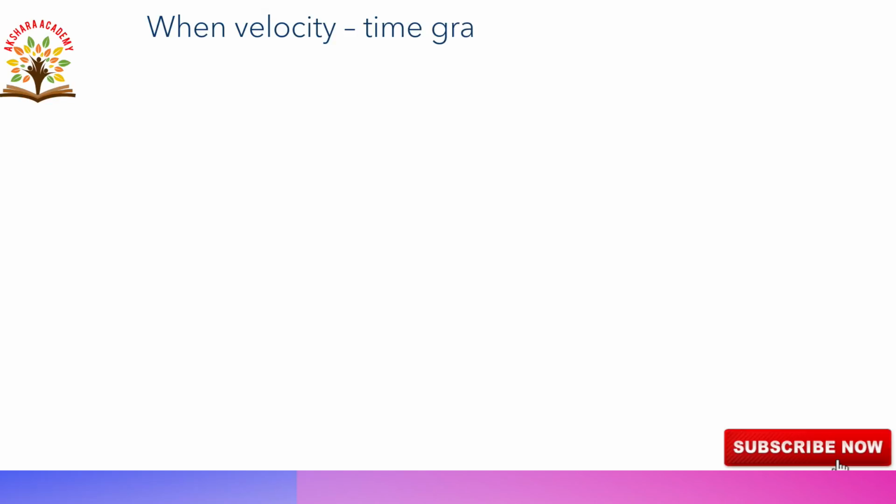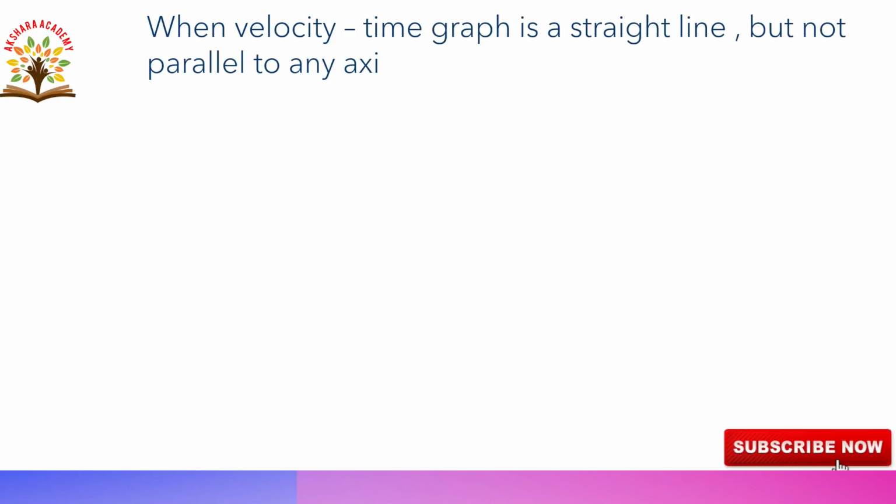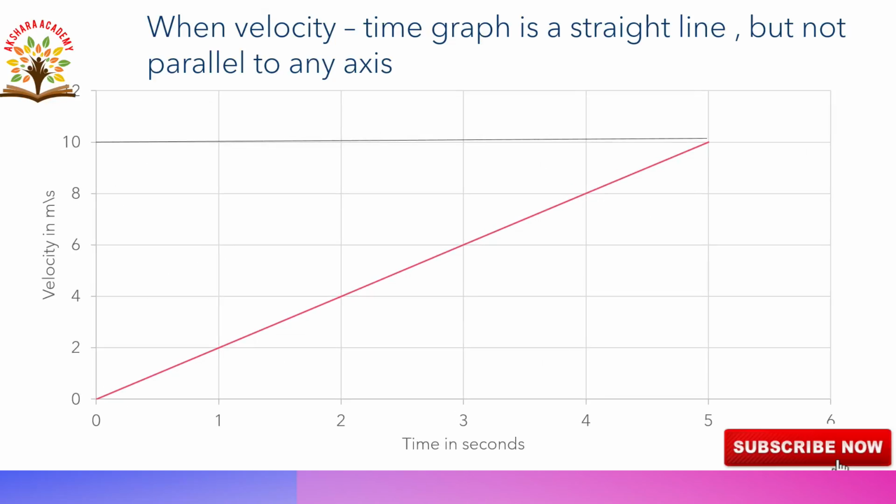When the velocity time graph is a straight line but not parallel to any axis. Let us see this graph between velocity and time. Here we take velocity in the vertical direction, that is on the y-axis, and time on the x-axis.